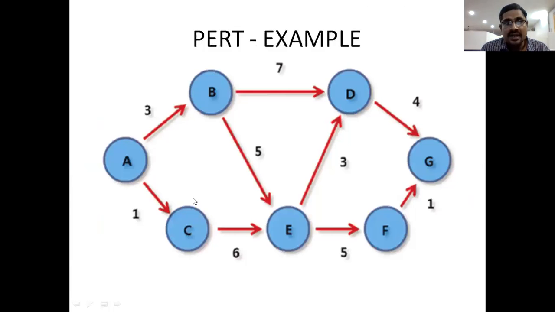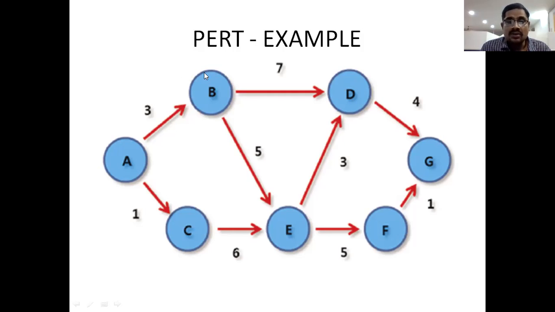Look at this diagram. Suppose these arrows indicate activities, and these circles, these nodes, these nodal points are called events. Already I told you in the previous classes.